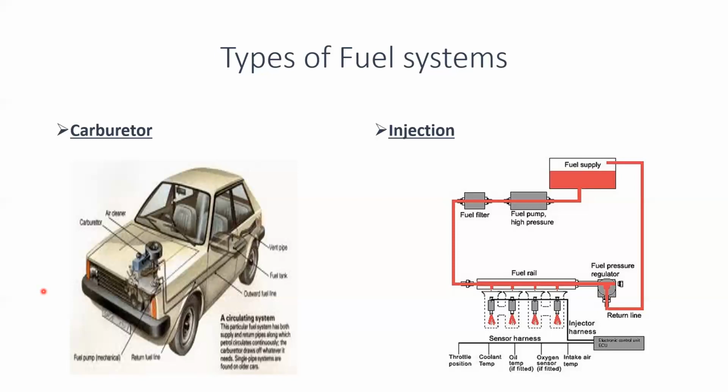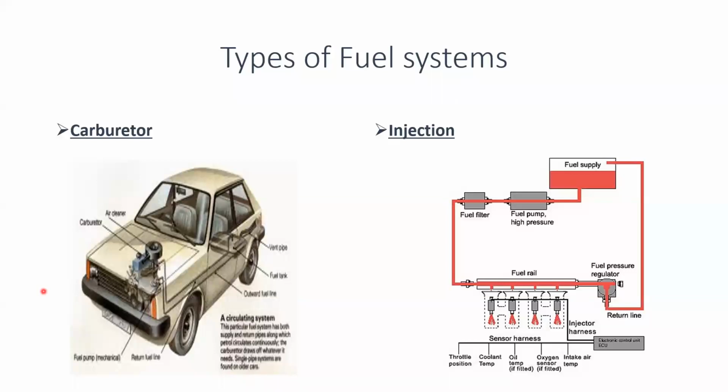Mechanical fuel injection is also available, though it is very rare. The reason for not using mechanical fuel injection for petrol engines is that the system is very complicated, maintenance is difficult, and there's a simpler method available, the carburetor.